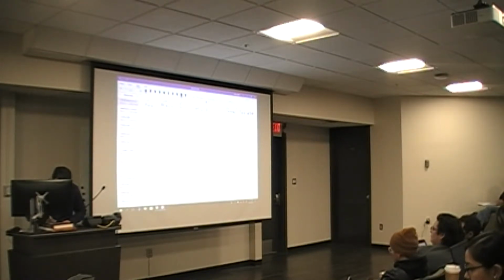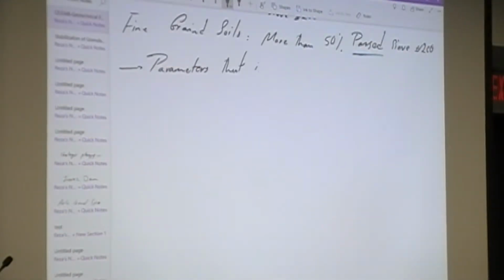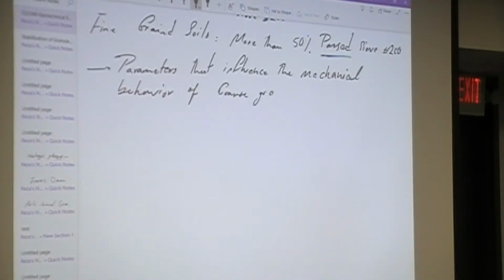Let's start with parameters that influence the mechanical behavior of coarse-grained soils.